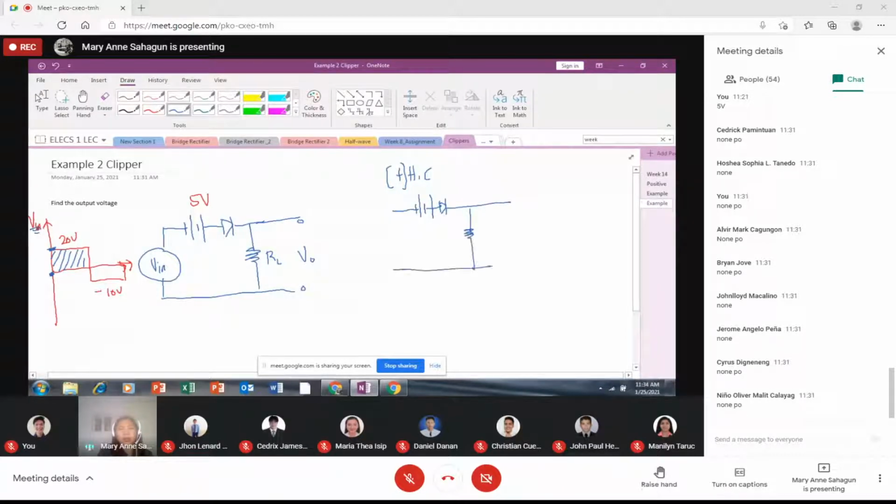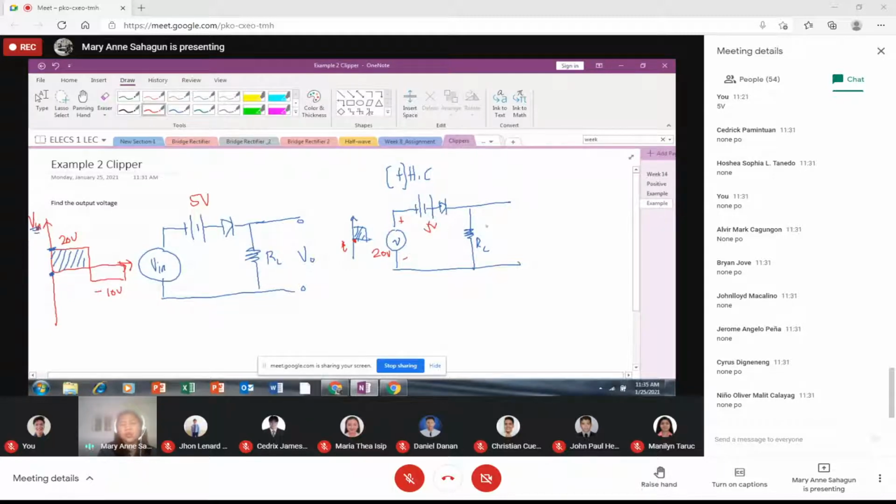We will still retain the original circuit. Meaning to say your input voltage here starts with 20 volts during the positive half cycle. It starts automatically with 20 volts when the time is equal to zero, or initial. So this is still 5 volts.